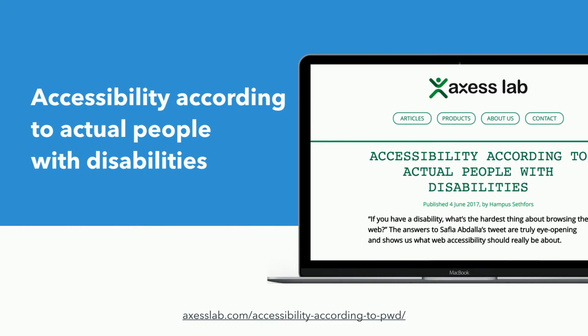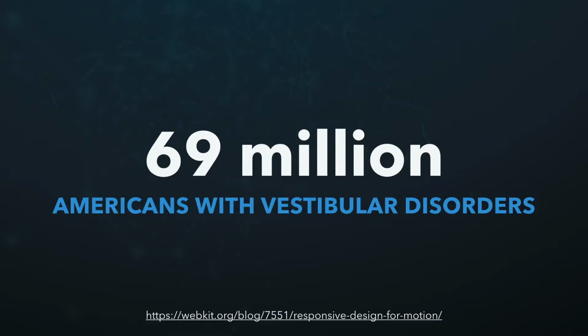Again, an American statistic. In America, there are 69 million people with something that is called vestibular disorders. These are problems caused by the inner ear, which makes people feel dizzy. And these people react really heavily to motion when they don't expect it, or to motion in general. Apple is doing a very good job helping there and being inclusive.